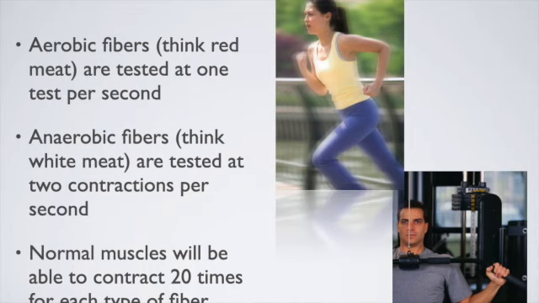Quick review, basically two kinds of muscle fibers: the oxidative, oxygen-using, slower twitching aerobic fibers that tend to dominate more in endurance activities, and then the anaerobic, glucose-using, faster twitch fibers, which are more for quick strength. Either type of fiber should be able to contract for 20 repetitions without failing, ideally.